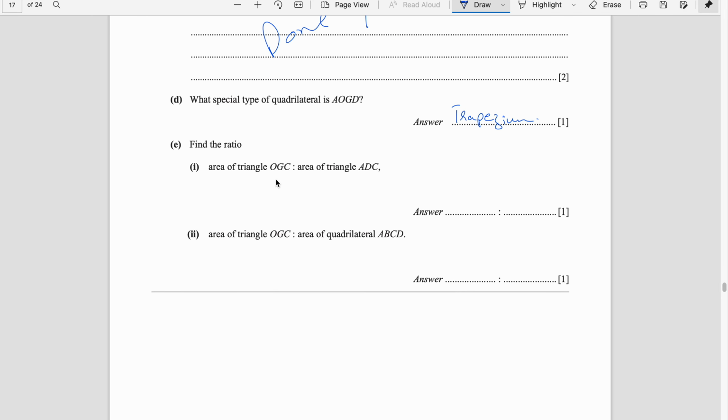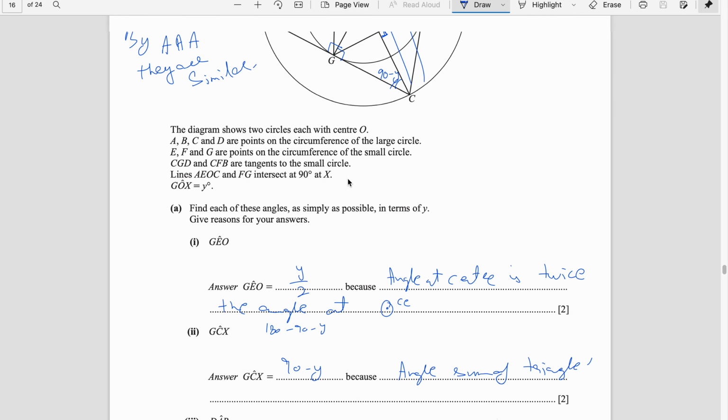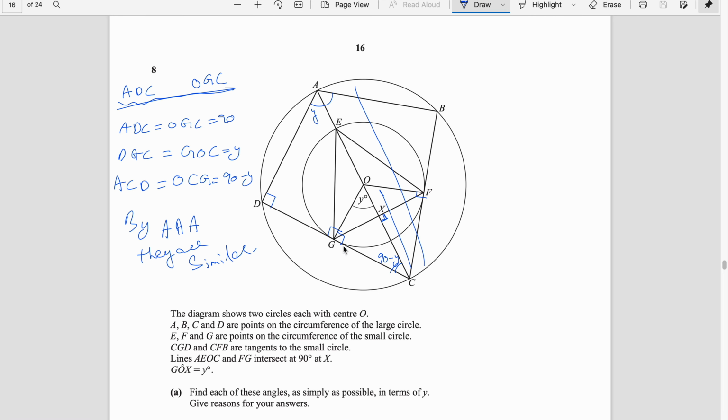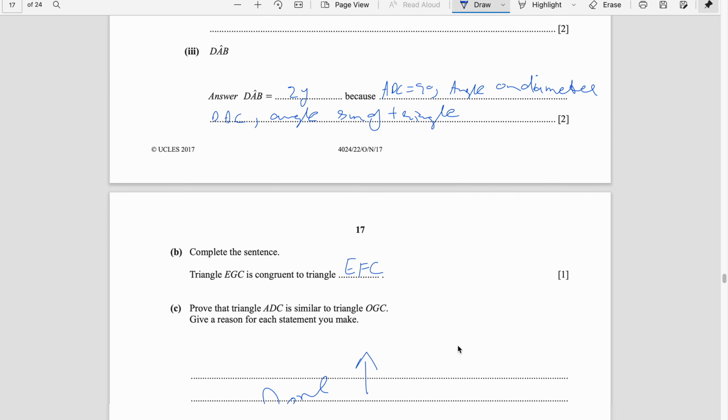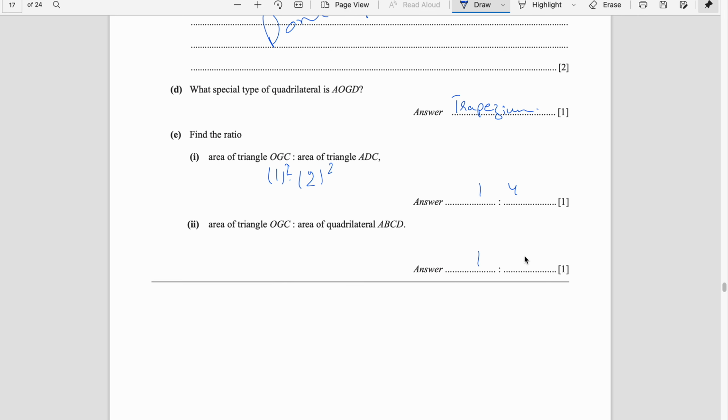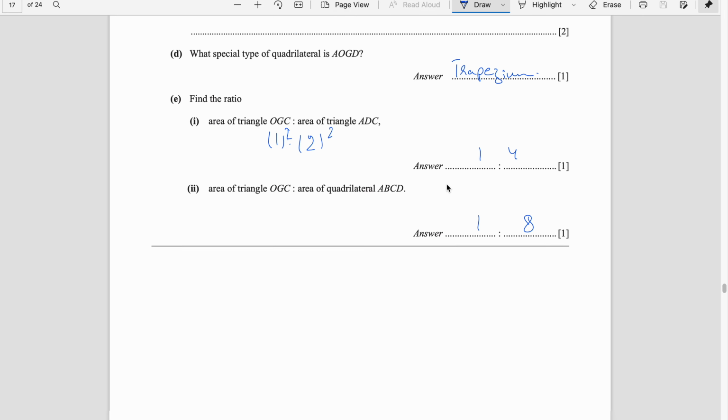And in case of areas, we always take a square, so it is 1:4. The area of OGC, we already have it right here as 1, and quadrilateral ABCD. So this is A, B, C, D. One side of this triangle is 1:4, so the complete should be 8. Double of that. So this is 1:8.